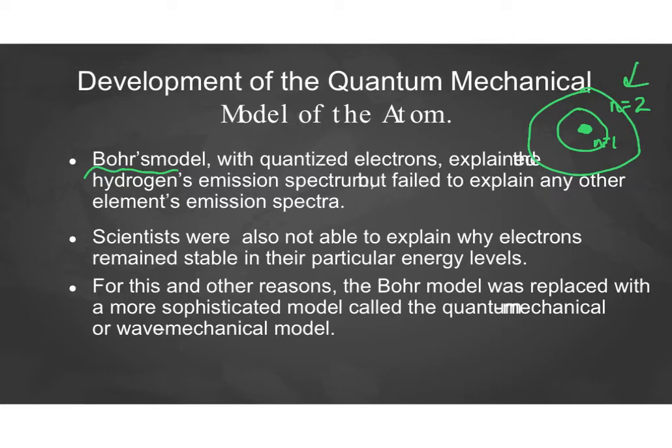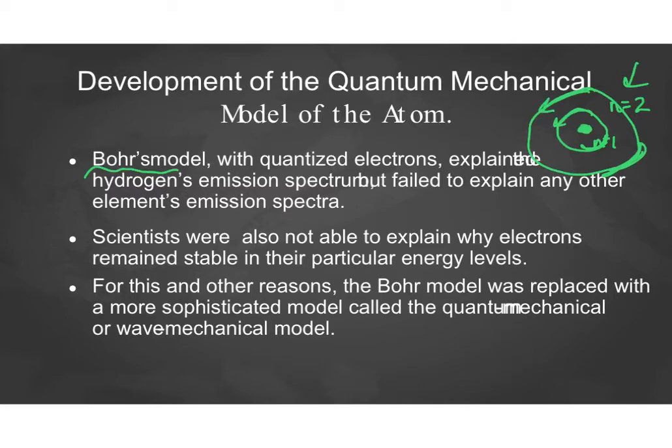So an electron outside a nucleus cannot just kind of willy-nilly go where it wants to. There are predefined energy levels that they exist in. There was still an issue with Bohr's model. Number one, he said that he believed electrons rotated about the nucleus.